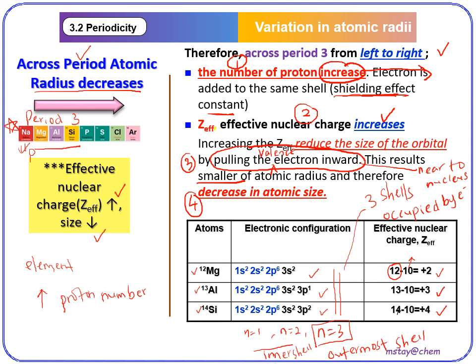All this shows that across the period, when the proton number increases while the shielding effect remains constant, the effective nuclear charge increases, and the valence electron is pulled closer to the nucleus, making the size smaller.